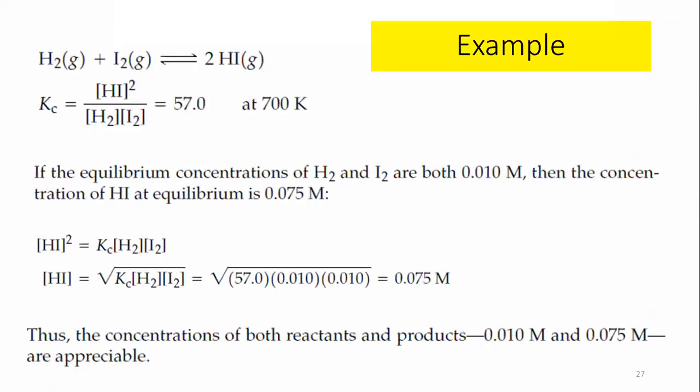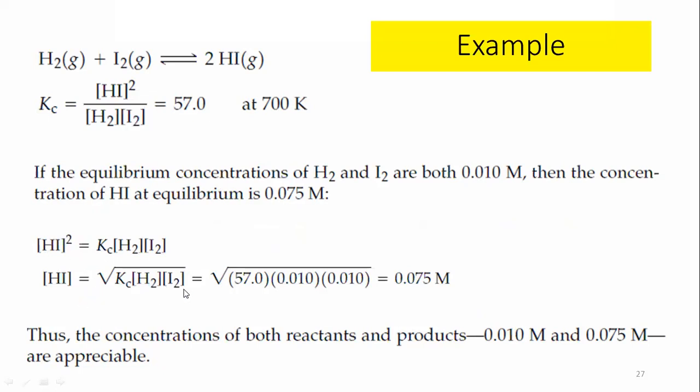So I am going to give you the reason, actually, to explain with an example. If the equilibrium concentrations of H2 and I2 are both 0.01 and the equilibrium constant is given over here, you can get the value of HI as we have calculated in the class. So just put the value, this is squared.